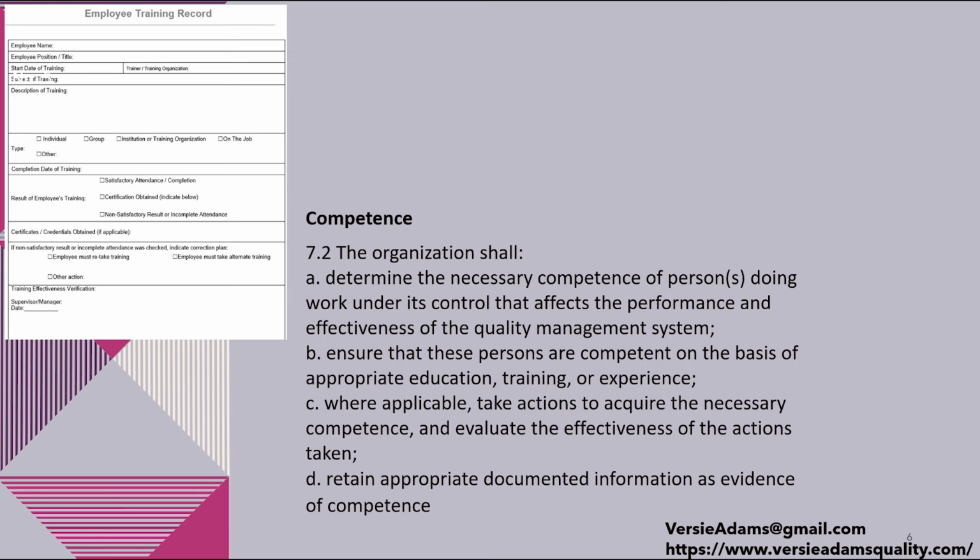It basically has the employee name, their title, the date of the training, the subject of the training, an area for a description of the training. And it goes on and gives you an area for results of employees' training. Was it satisfactory? Or was it not?